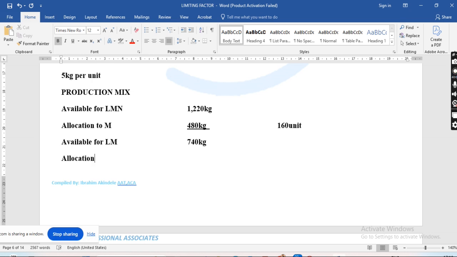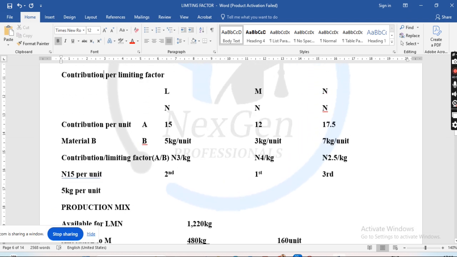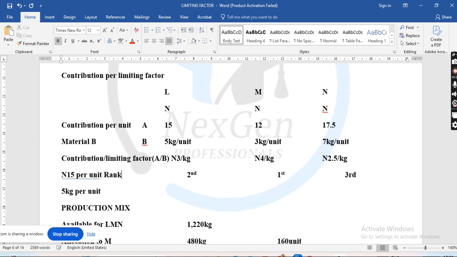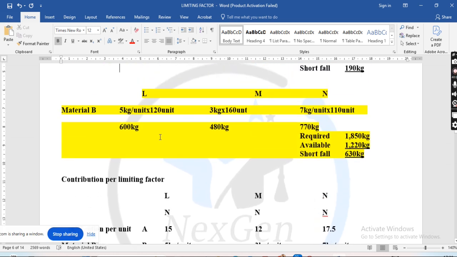Second, rather. Allocation to, so let's check which one we are allocating. We allocate to L, right? Second ranking. Let me put it, rank L. So how many kg will L need? Now you can see it, 600 kg. Class, can you see it? L will need 600 kg to produce 120 units.